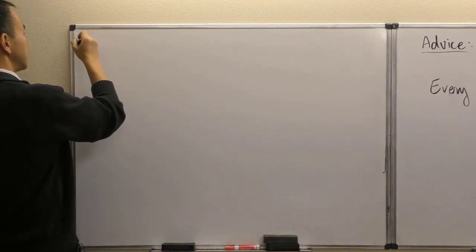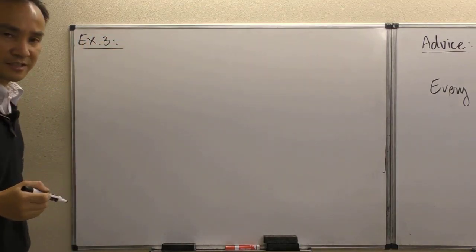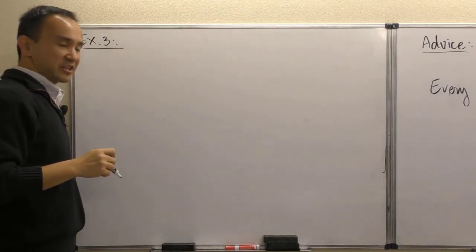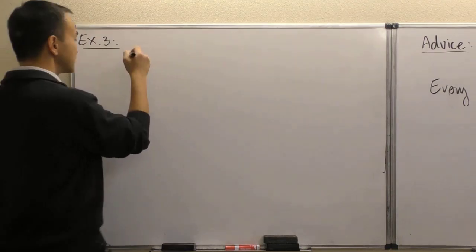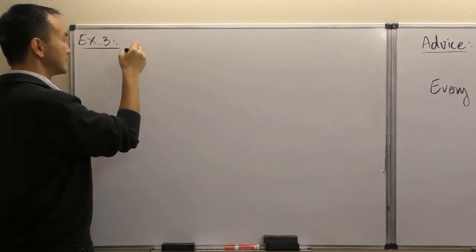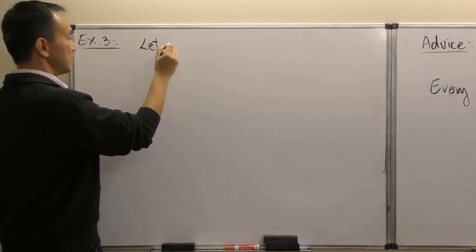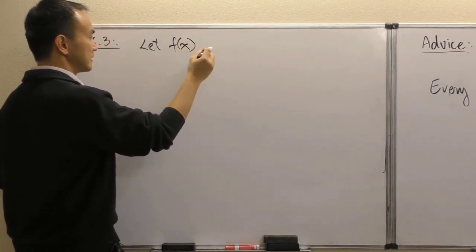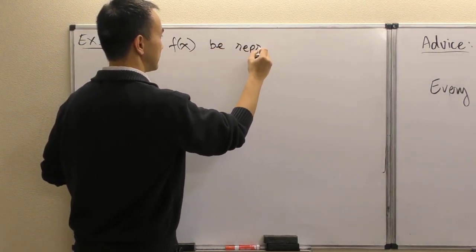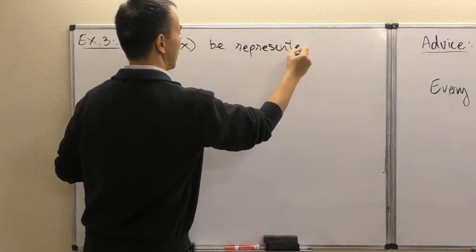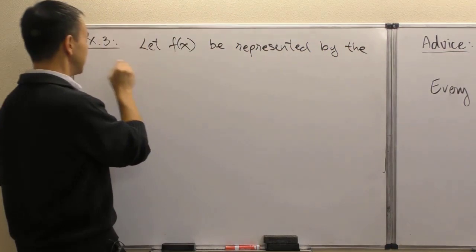All right, so let's now look at example 3, in continuation from the earlier examples of the same lecture. I want to say let f of x be represented by the given graph.